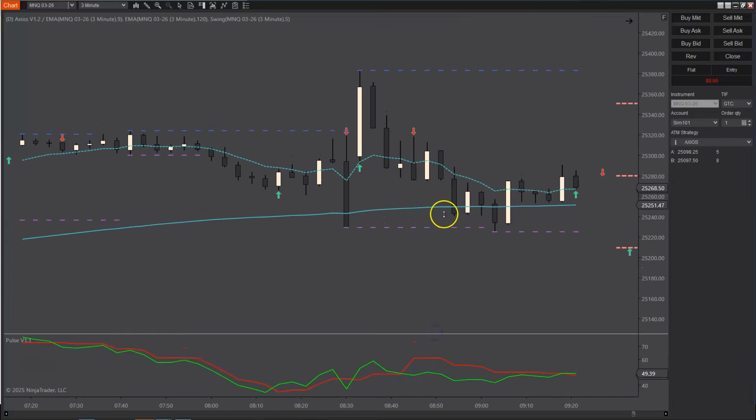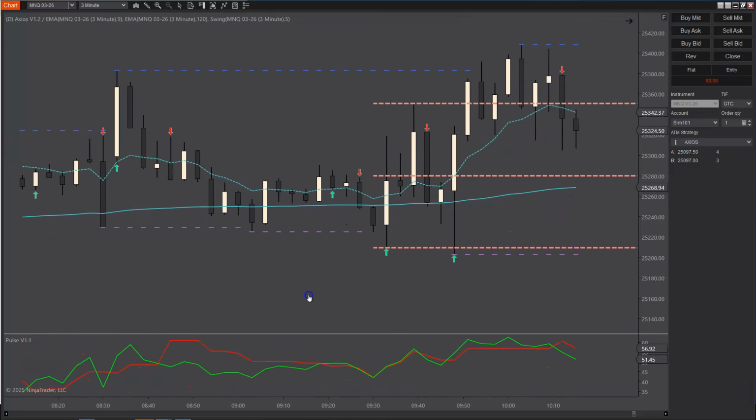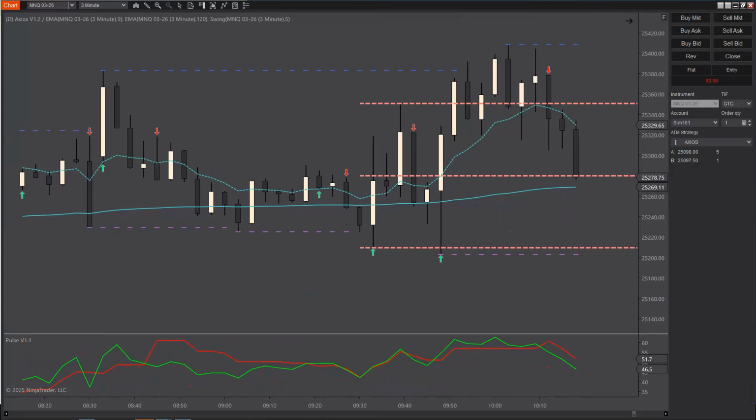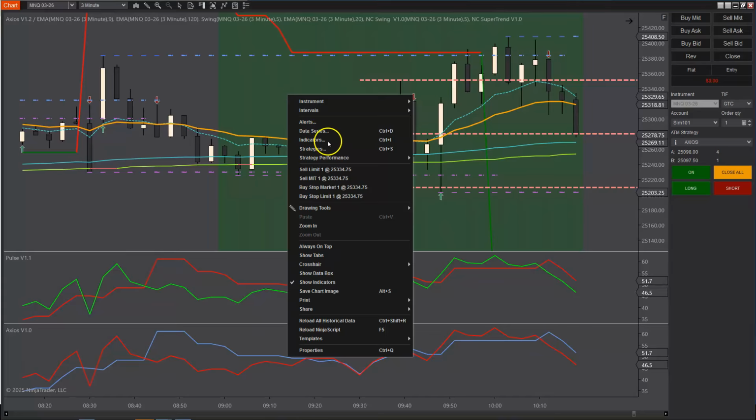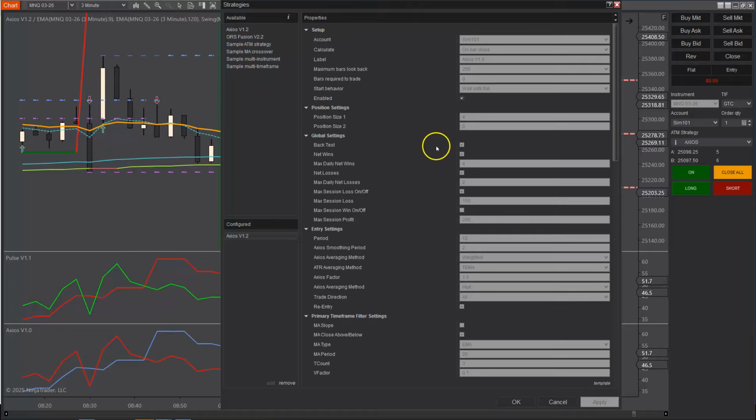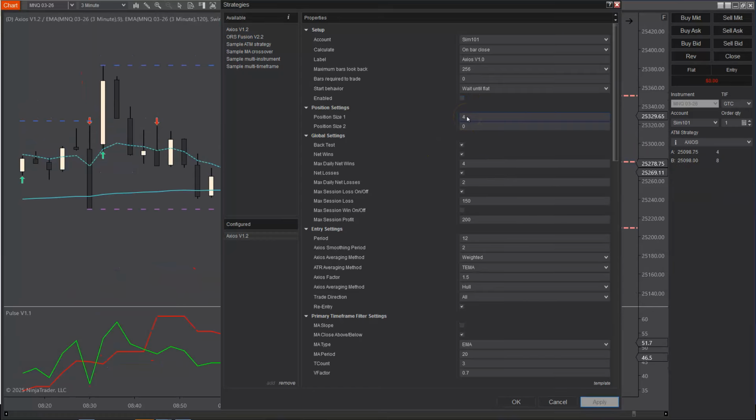So I have the Pulse indicator set for the exact same settings that the Axios strategy has. So basically, when you look at the results, let's change this to just 2 contracts and see what 2 contracts gets us in the last 60 days.